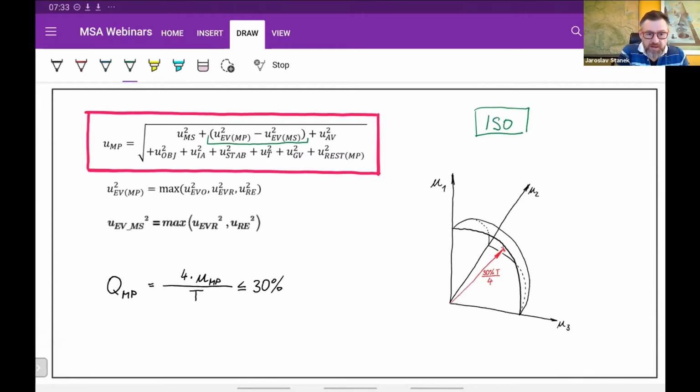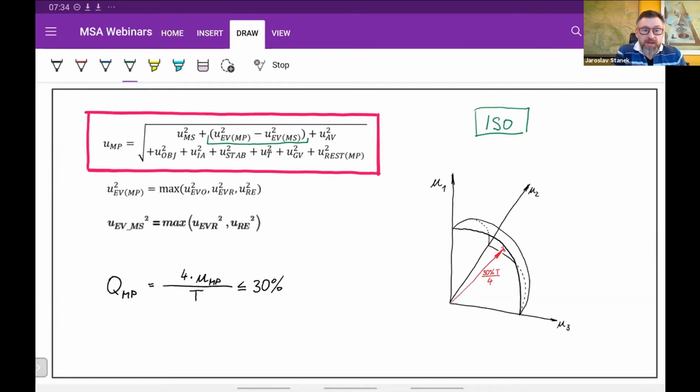And as I've said, nothing is perfect. So this part of the equation is trying to eliminate the correlation between the uncertainty of repeatability on the reference, which is part of the measuring system, and on an object, which is part of the measuring process.